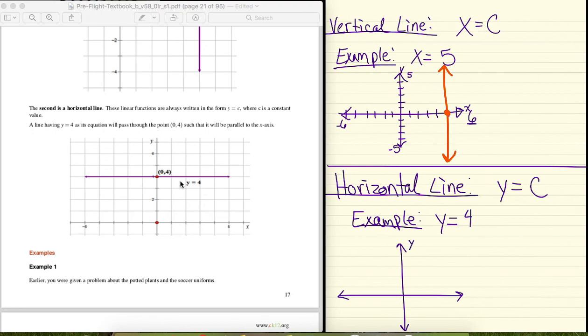So again, if we create a graph with our x and y axis, all right. So I have labeled it, and you might be wondering, why did you go to positive 4 units on the x-axis and negative 6 units on the other side of that?